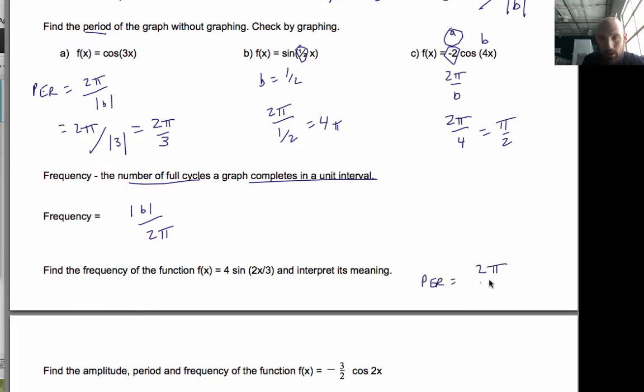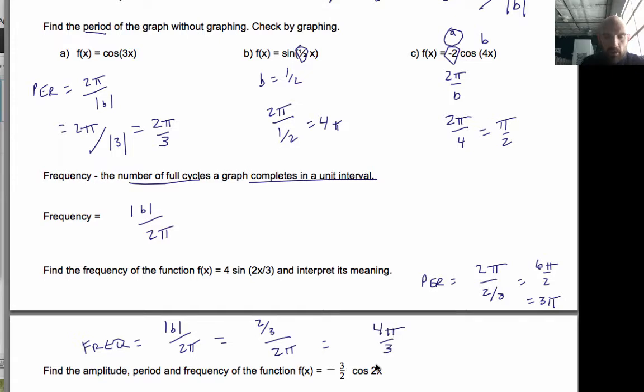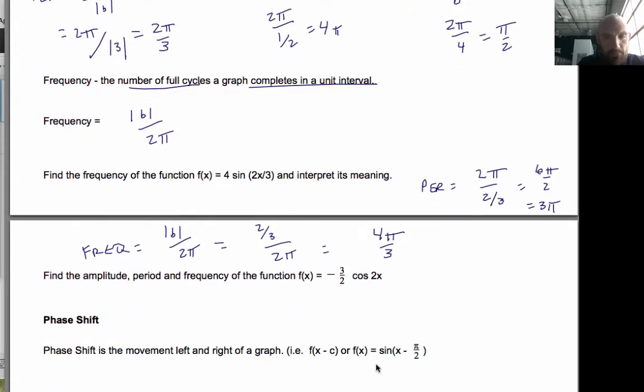So it'd be 2 pi over 2/3, which would be 6 pi over 2, which is 3 pi, which makes sense because it's multiplying by 3 halves. And so if I did instead b divided by 2 pi, this is for my frequency, right? And so this would be 2/3 divided by 2 pi, which is equal to 4 pi over 3. Okay, so that's my frequency for that one.